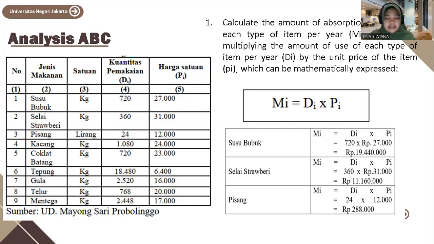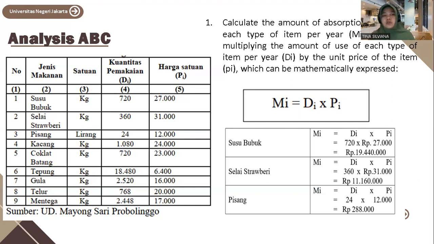The usage quantity is 720, multiplied by 27,000 rupiah, and the result is 19,440,000 rupiah.